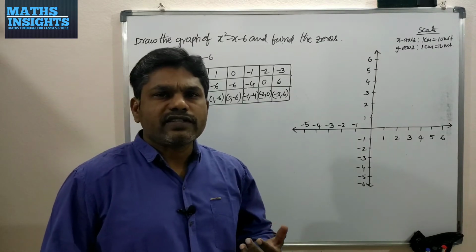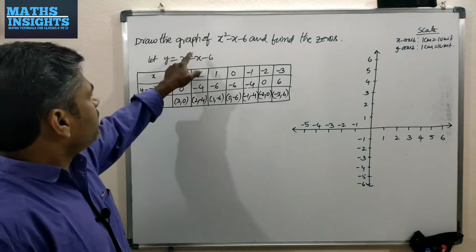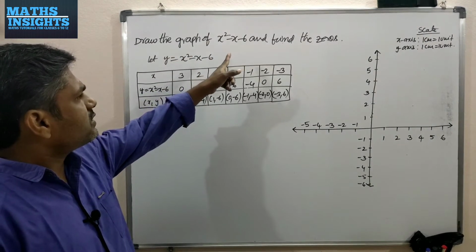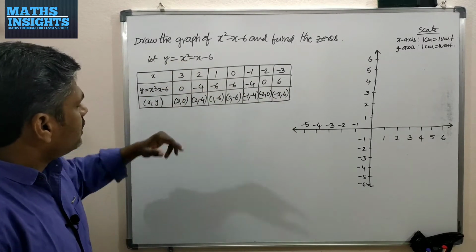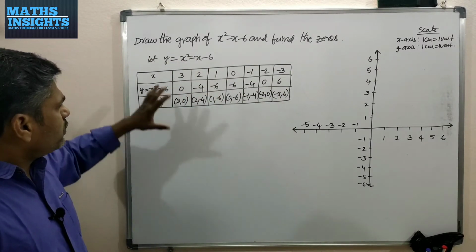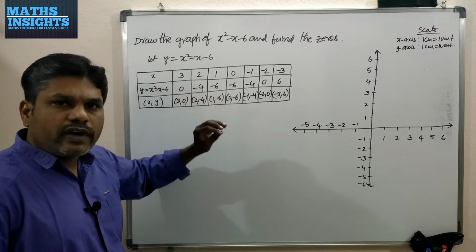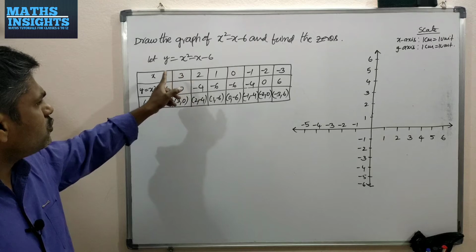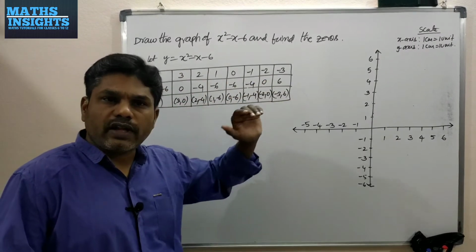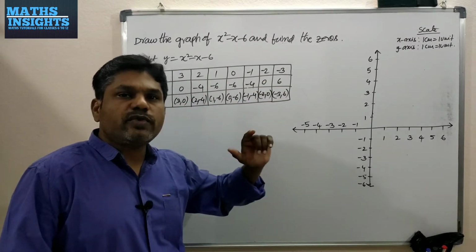Now I am taking one example, that is, draw the graph of x square minus x minus 6 and find the zeros. Okay, so as we said, we have to prepare a table to find the ordered pairs for the points. See, you may assume whatever values for x, but care should be taken.